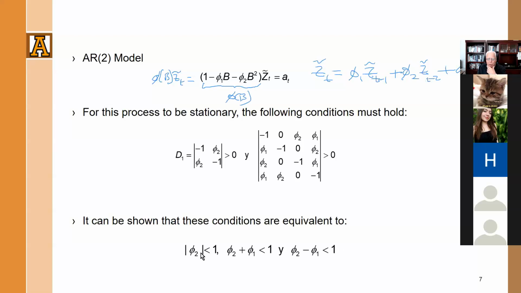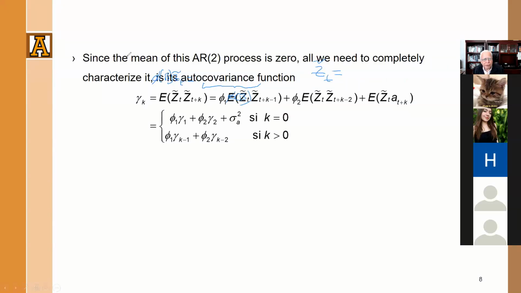Notice that for the last two I don't have the absolute value. So if these three conditions hold for a model, then the process that model represents is going to be a stationary process.